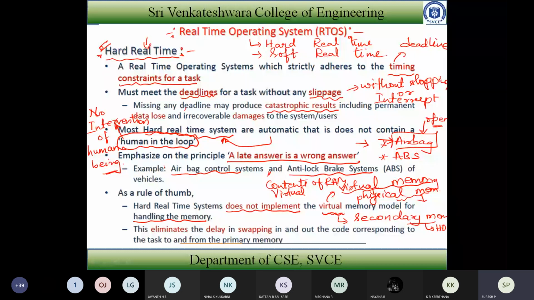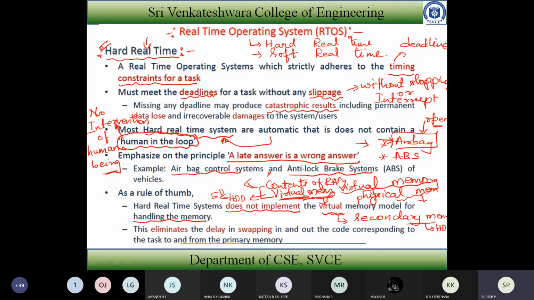Virtual memory is inside your hard disk or secondary storage. When your RAM is not able to afford all the instructions which have to be executed, some part of the execution will take place in your virtual memory. This will be stored in your secondary memory.